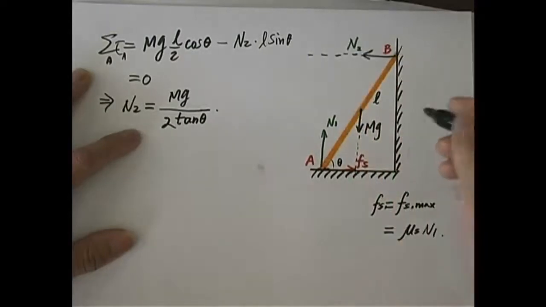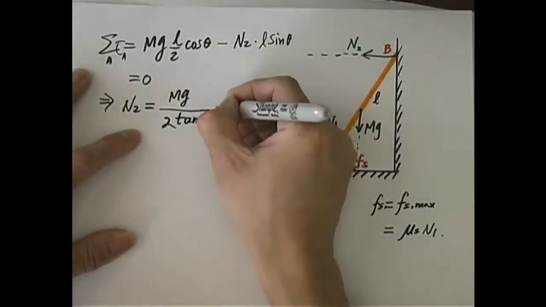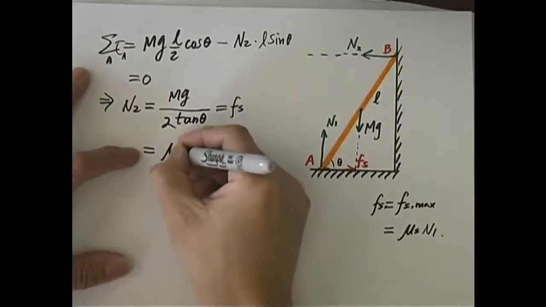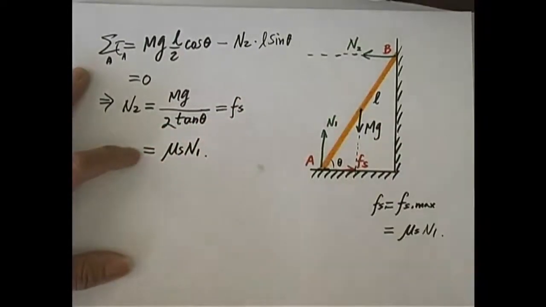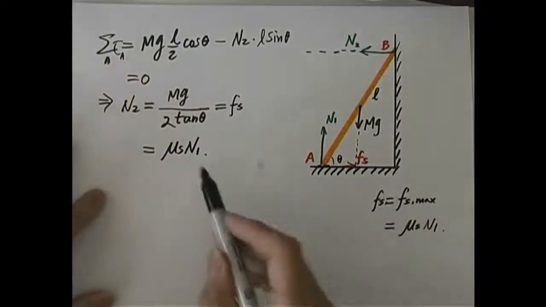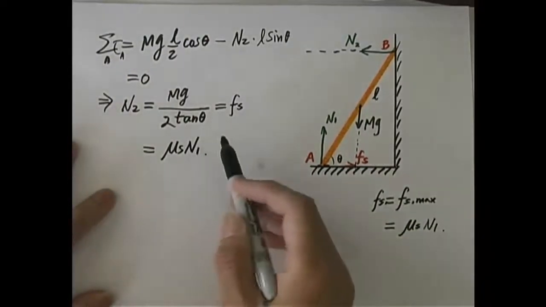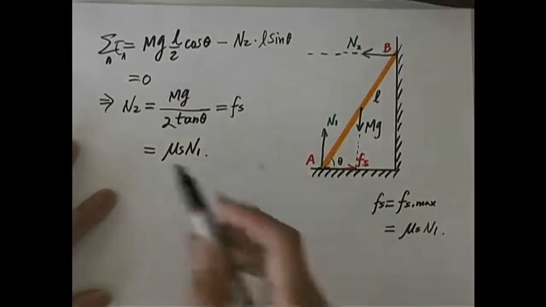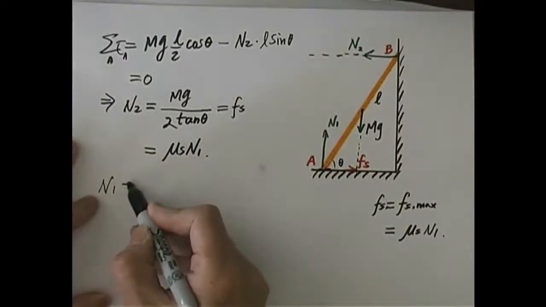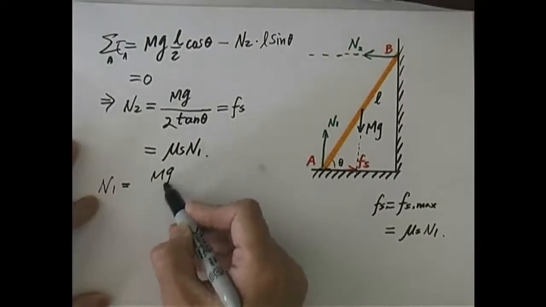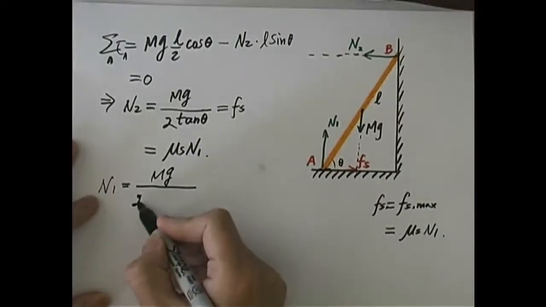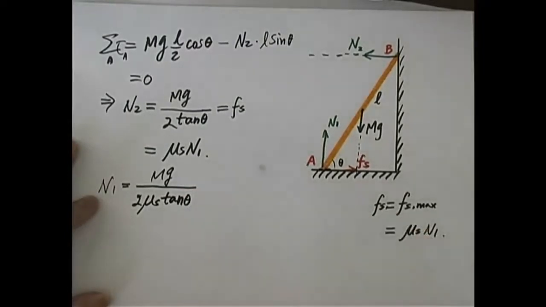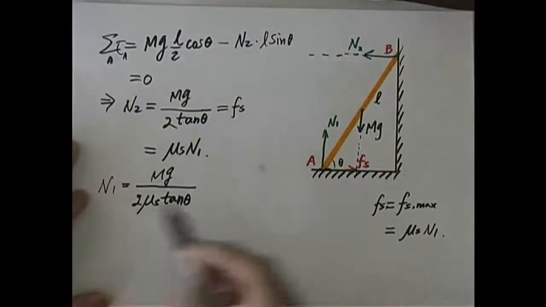And that must be equal to Fs, which must in turn be equal to mu s times N1. So that tells you what N1 is now. N1 simply is N2 over mu s. This is N2 right here. So I have N1 equals mg over 2 mu s tangent theta. That is what N1 has to equal.